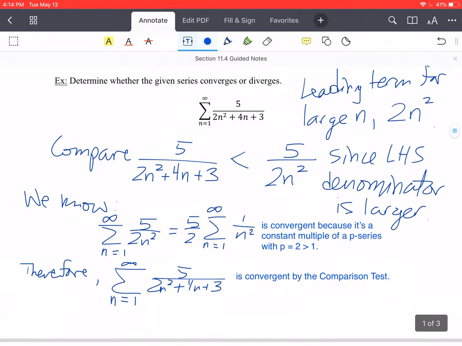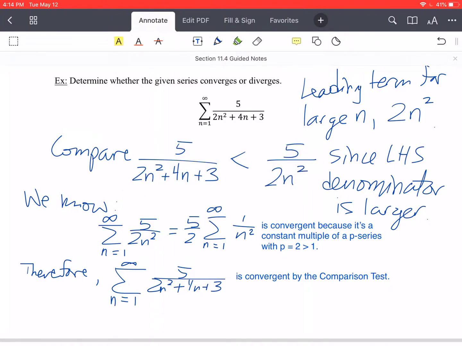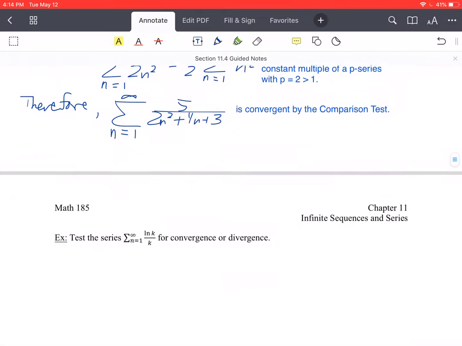Okay, so again, that argument: our series is smaller than this one, and I know that this one goes to a finite value. Therefore, our smaller one must also go to a finite value. So ours also converges. This makes no claim on what that value is, but that's not really what we're looking at right now. So, all right, let's look at another one.